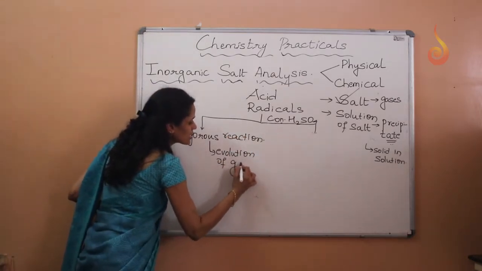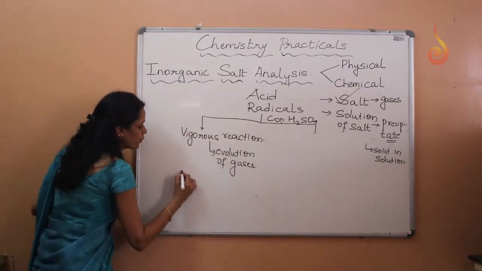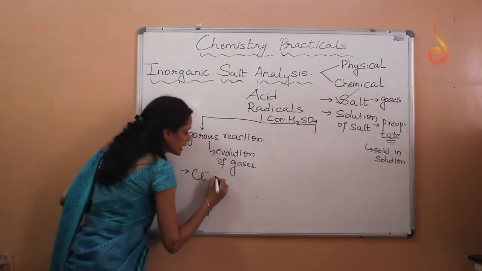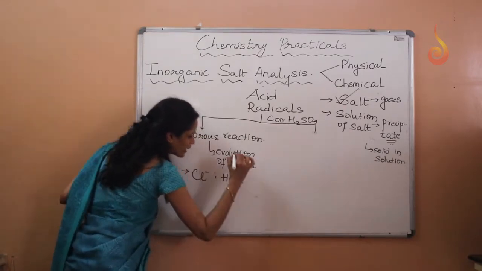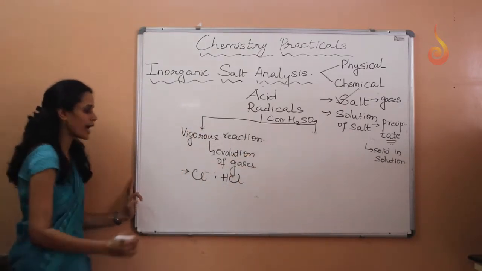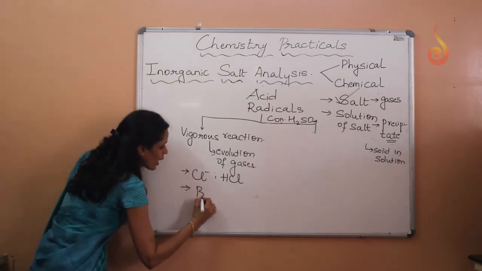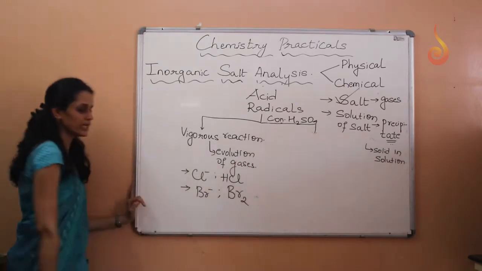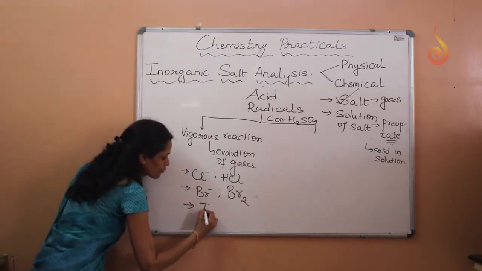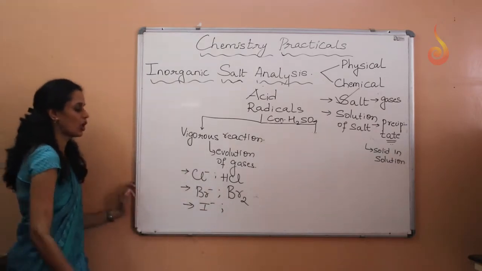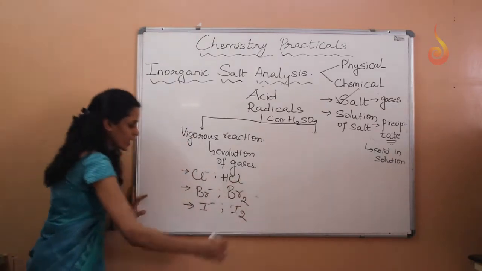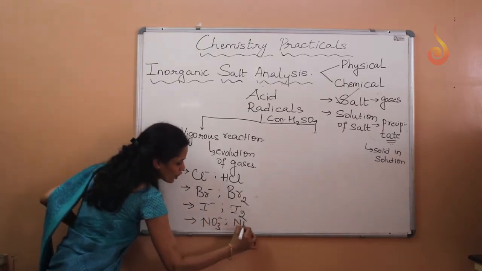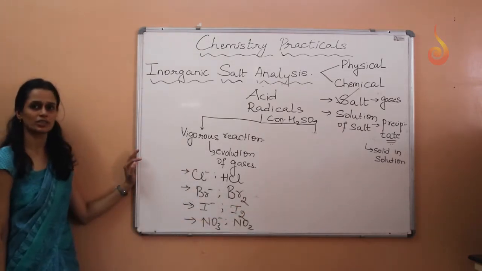If chloride radical is present in the salt, the gas liberated is hydrogen chloride. If bromide is present, we observe bromine gas. If we have iodide ion, we observe iodine gas. If we have nitrate ion, we observe nitrogen dioxide gas.